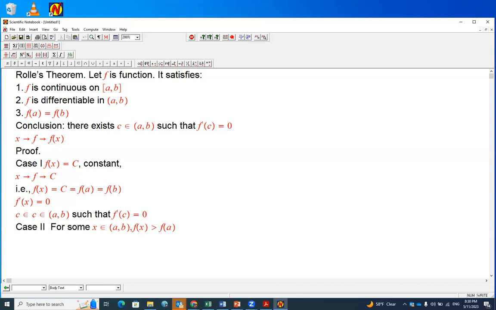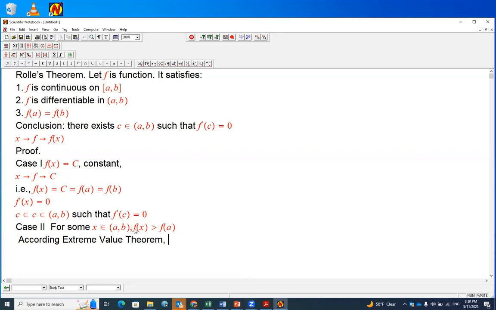According to extreme value theorem, there's an absolute max and an absolute min somewhere in the interval.